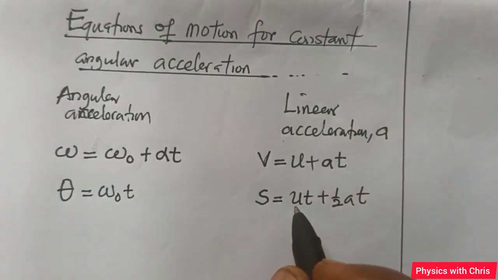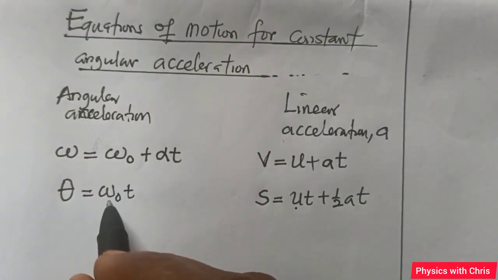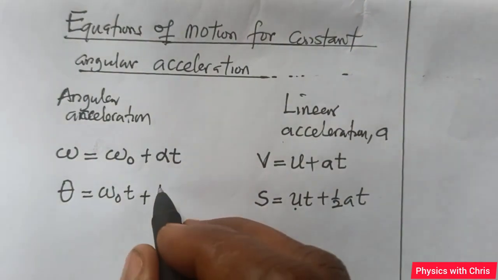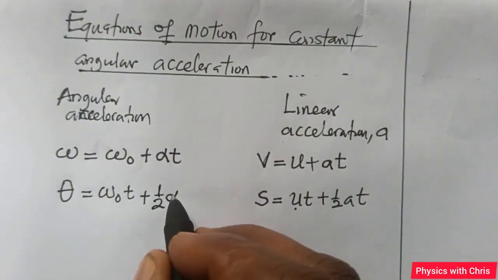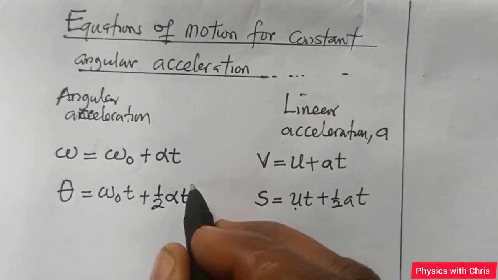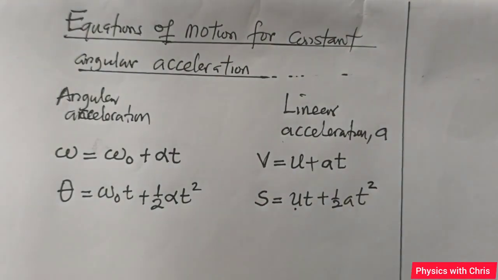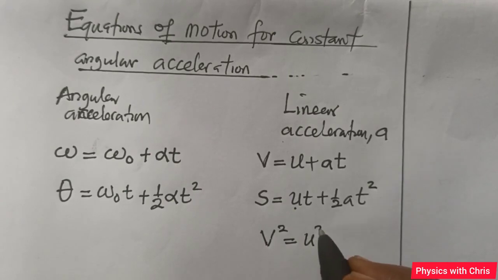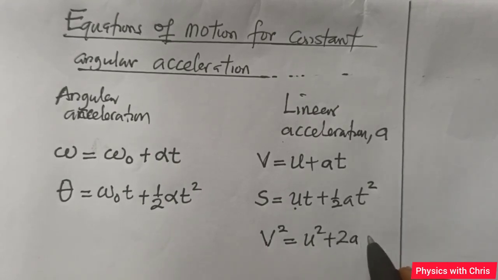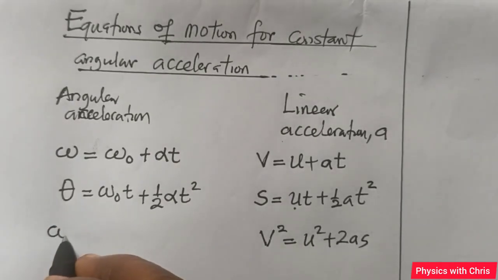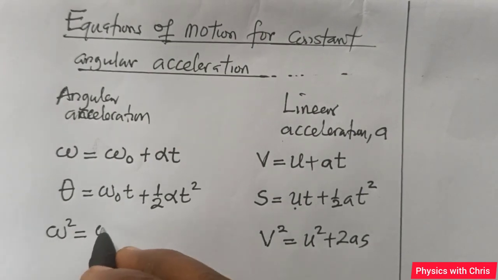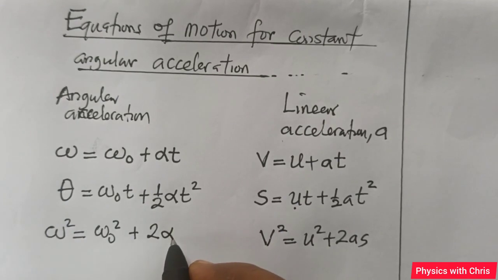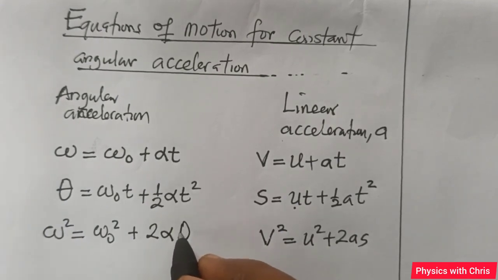Of course, this u is like my omega naught, which is the initial angular velocity, plus half angular acceleration times t squared. Sorry, there's a squared here. All right, so the next equation is v squared equals u squared plus 2as. I can say the same thing here. Omega squared equals omega naught squared plus 2 alpha times theta.